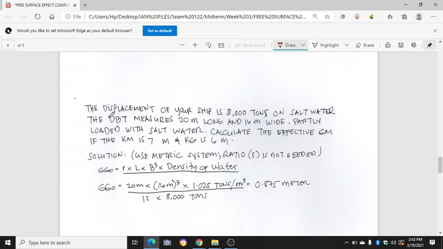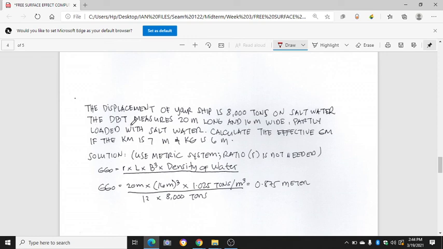Next example: the displacement of your ship is 8,000 tons in salt water.